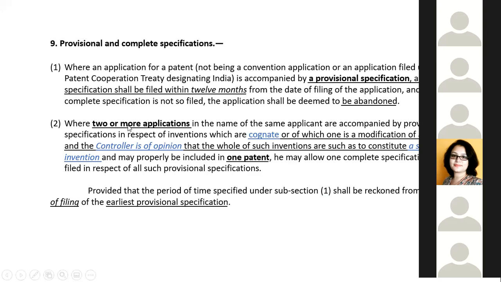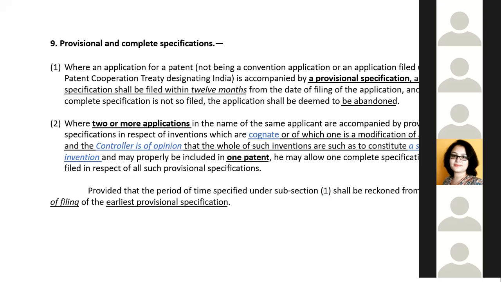Second, where 2 or more applications in the name of the same applicant are accompanied by a provisional specification in respect of inventions which are cognate or of which one is a modification of another, and the controller is of opinion that the whole of such inventions are such as to constitute a single invention and may properly be included in one patent, he may allow one complete specification to be filed in respect of all such provisional applications.